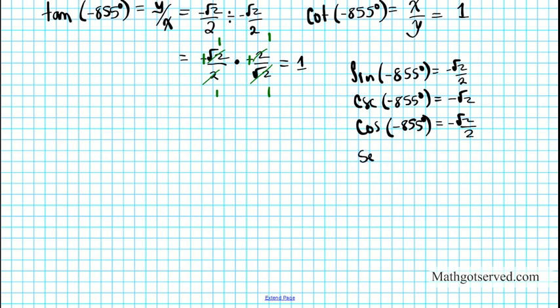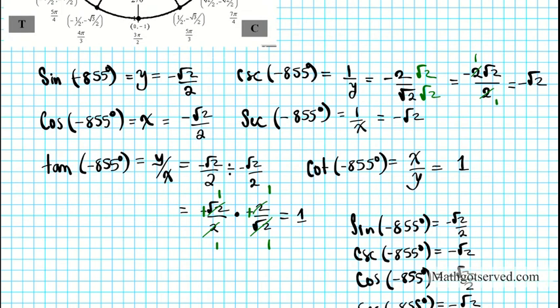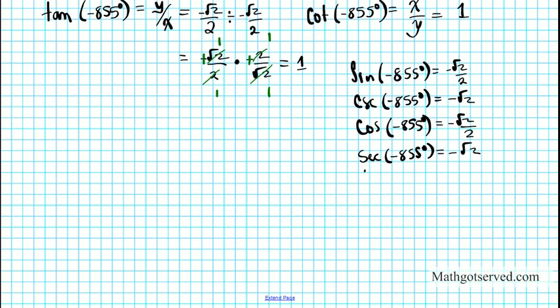And that meant that secant of negative 855 was the same thing as cosecant, which is negative root 2. And then our tan of negative 855 is 1. Likewise, cotangent of negative 855 is also 1. Alright? Okay, now is our answer correct? Well, we don't know. We have to check.